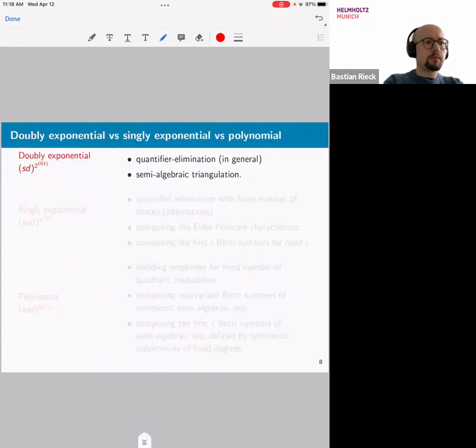Now, in semi-algebraic geometry, there are three levels of complexity that one sees for the standard problems that I've listed. The problem of quantifier elimination in general: if you are given a quantified formula and you want to compute an equivalent quantifier-free formula, its complexity is doubly exponential in K, the number of variables.